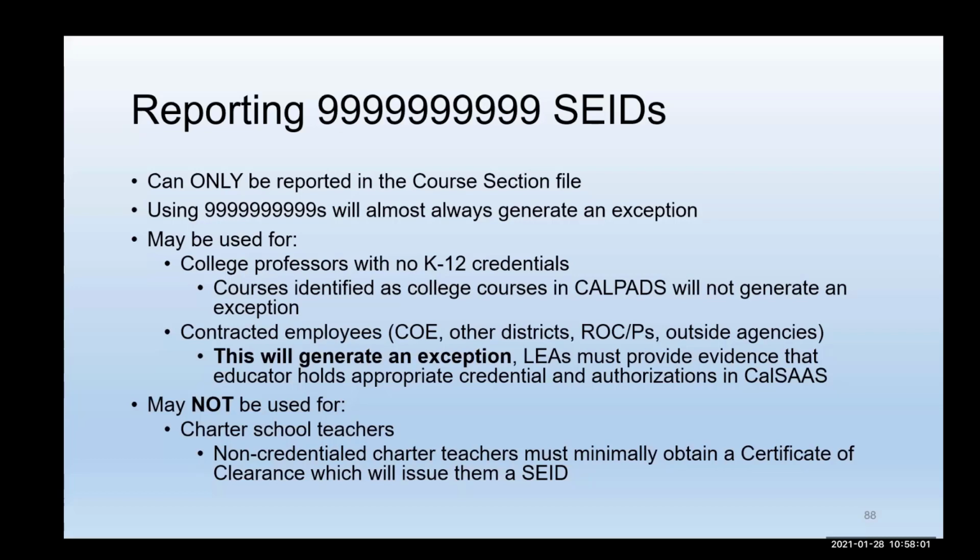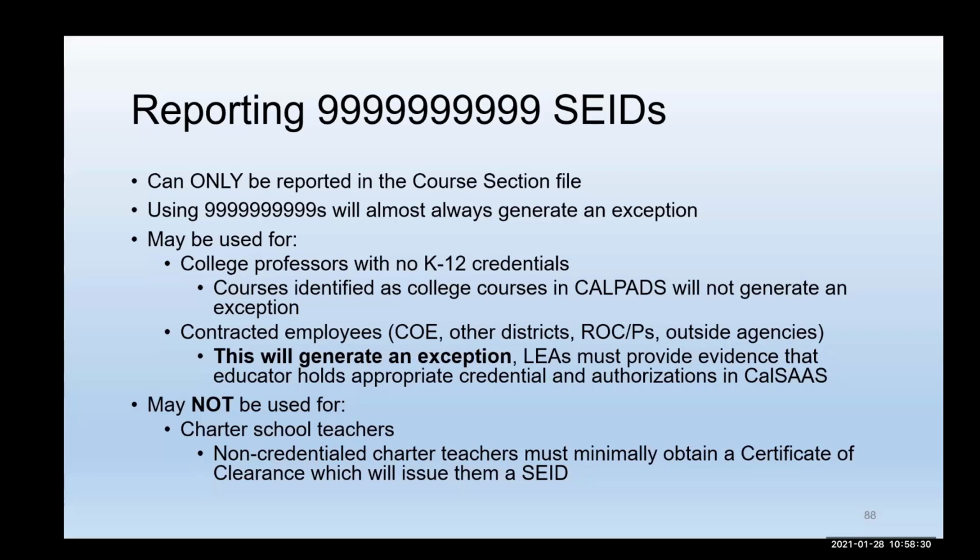You can continue to use the SEID of all 9s for teachers for which you cannot obtain their staff demographic or staff assignment information. Okay, that's fine. The other thing to point out is remember that when you're reporting all of these assignments, what we really want to know and what CalPADS is collecting is not necessarily the entity that pays an individual, but where that specific person is assigned.